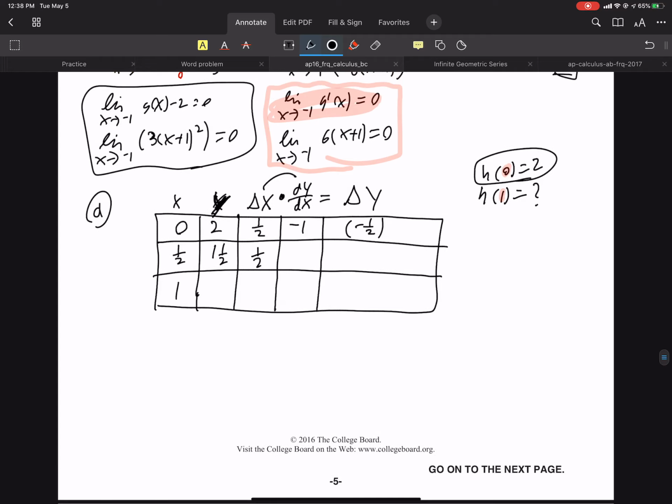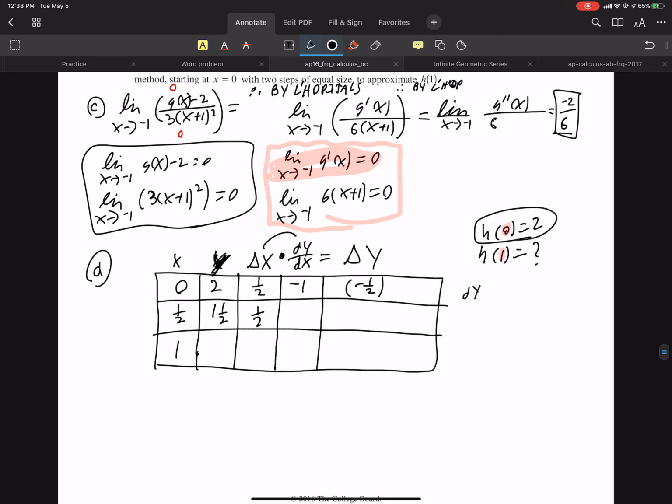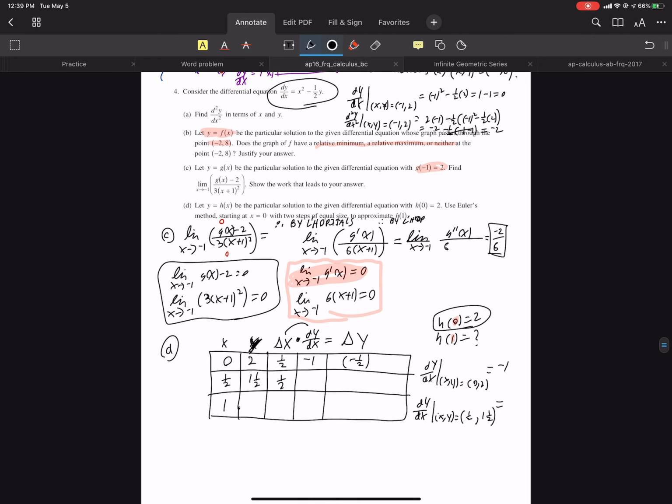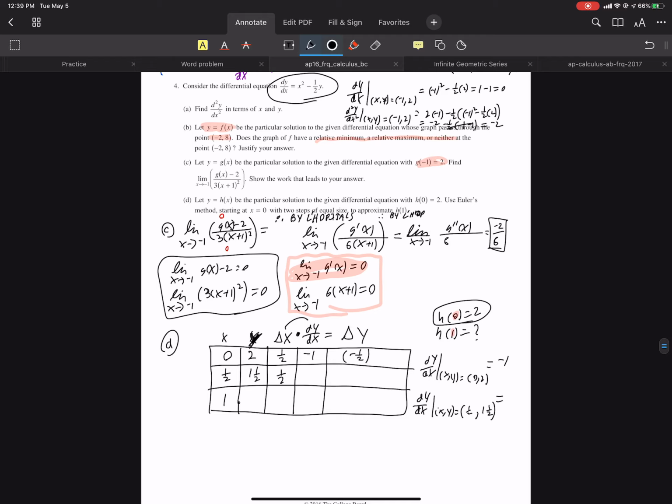So I probably should have done this. Dy dx at xy equals 0, 2 equals -1. At our new point, 1/2, 1 and 1/2, equals, and now we have to go back to the equation, x squared.